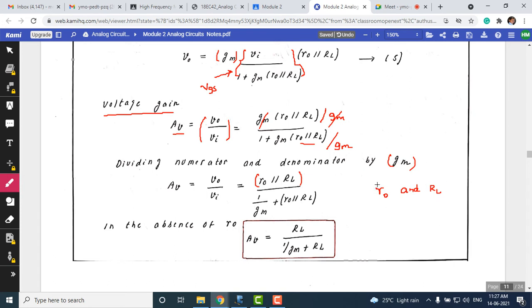If I assume that R naught is far greater than RL, since it is a parallel combination, the larger one can be ignored, so R naught becomes negligible.